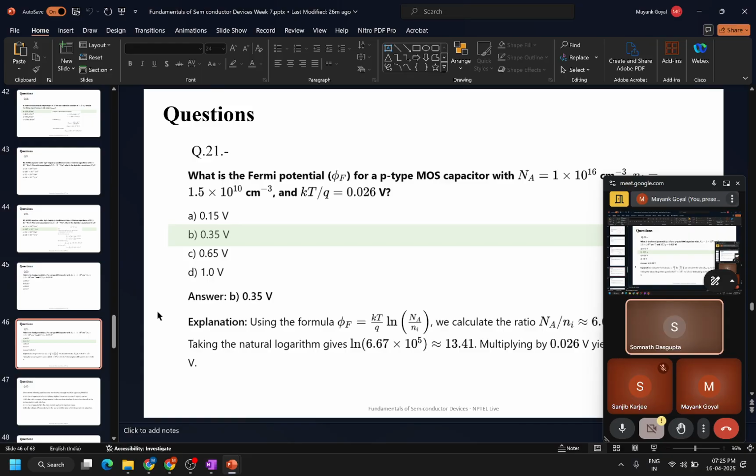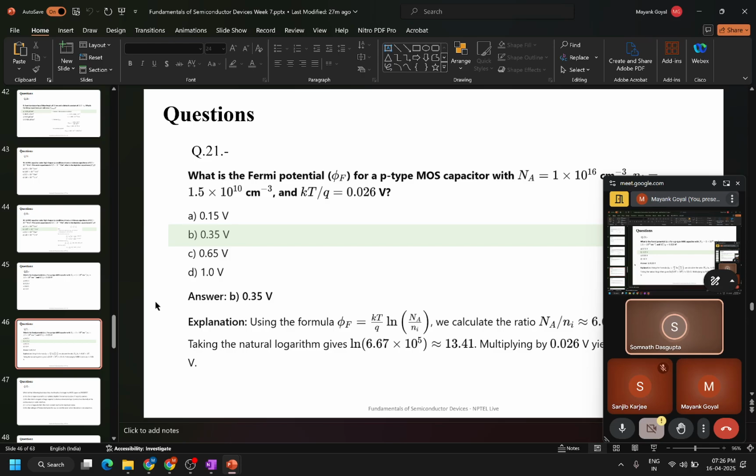How many slides are there, sir? 63. I have uploaded the whole PPT, one PPT for every week. This is complete for week 7. The PPT I have shown in the live session is the same PPT that I am uploading. Sir, is there any PPT with all of the 12 session problems and assignment solved? No, there is no PPT with assignment problems.